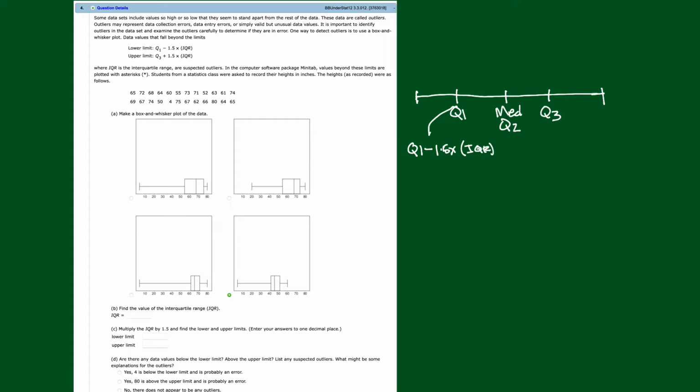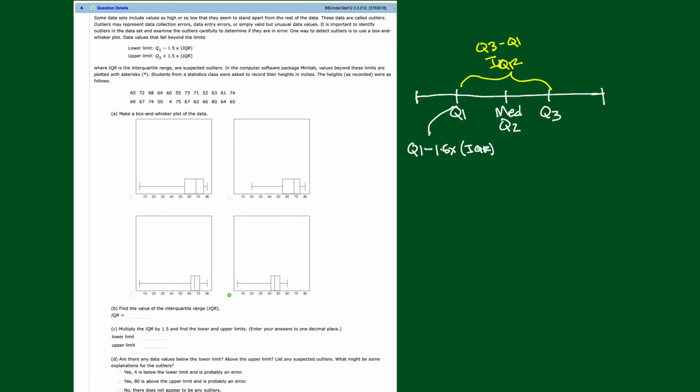The interquartile range is this range right there, and it's just Q3 minus Q1. You take that value minus that value, and that gives you the IQR.